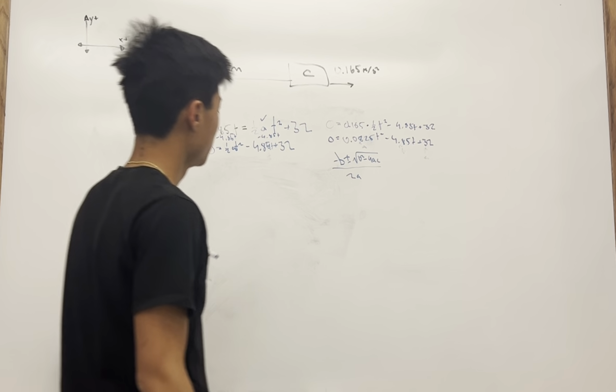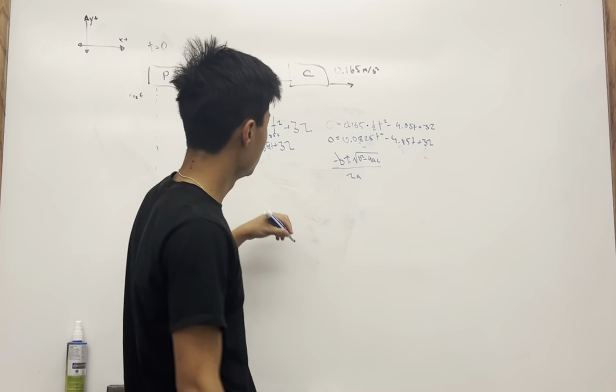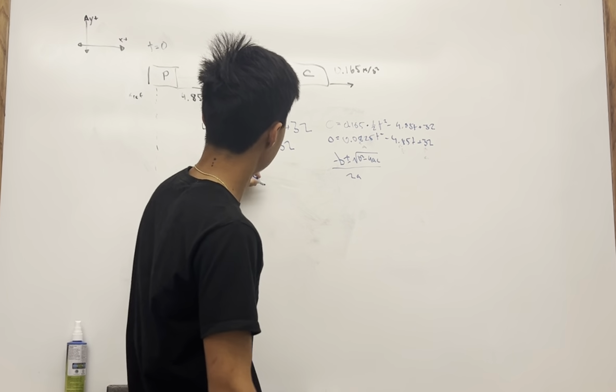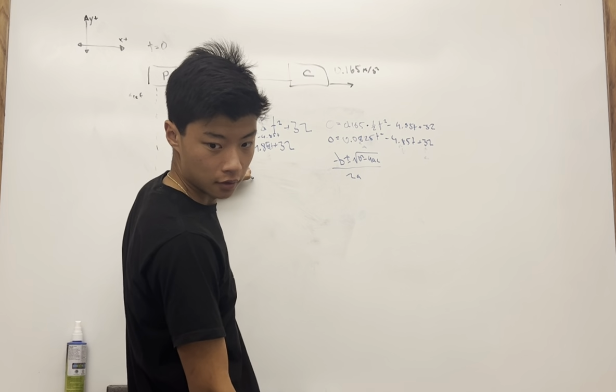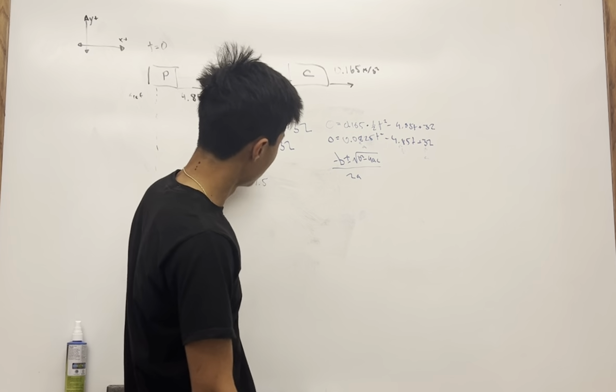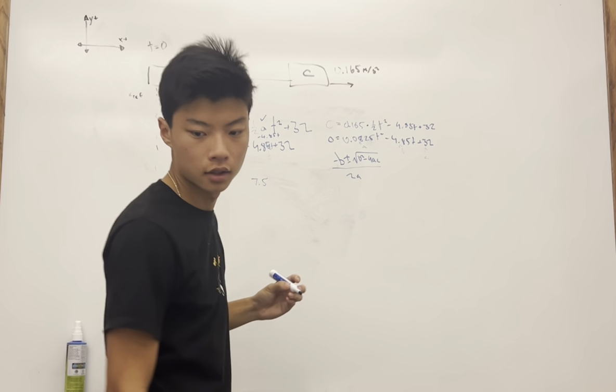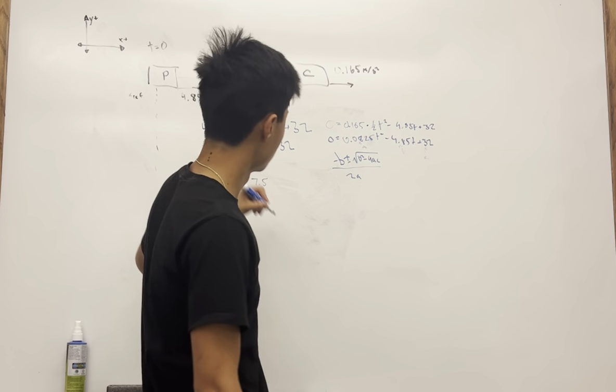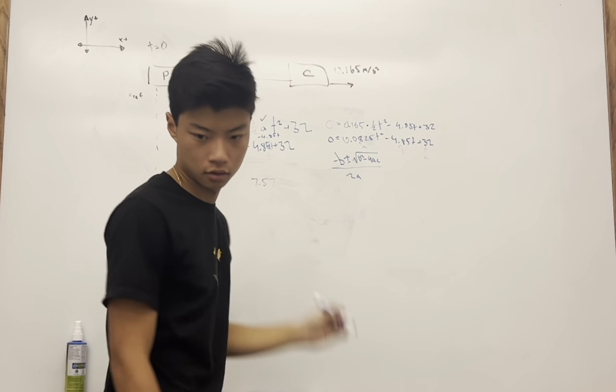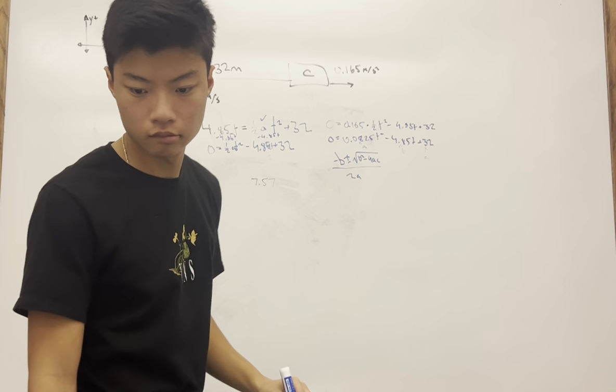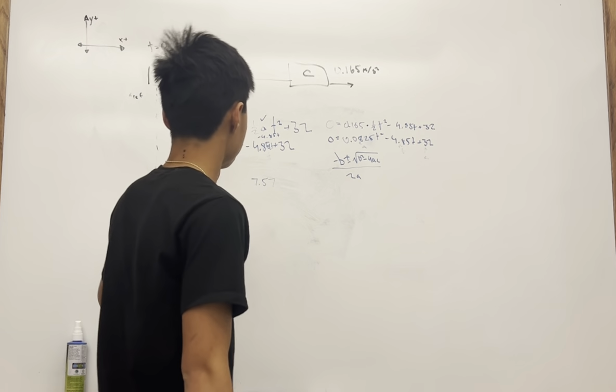Okay, when we plug that into the calculator, we get values of 7.573, right? We'll just say 7.5.